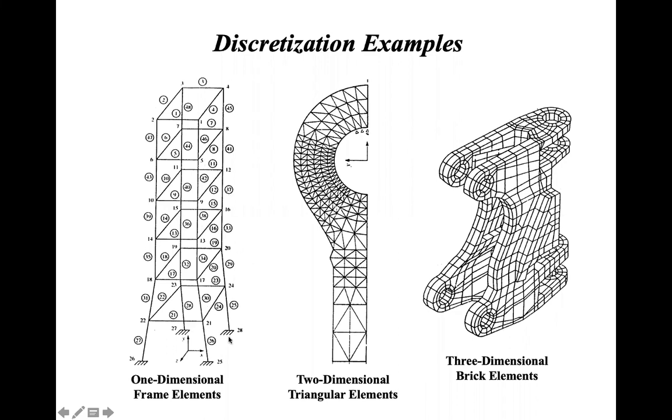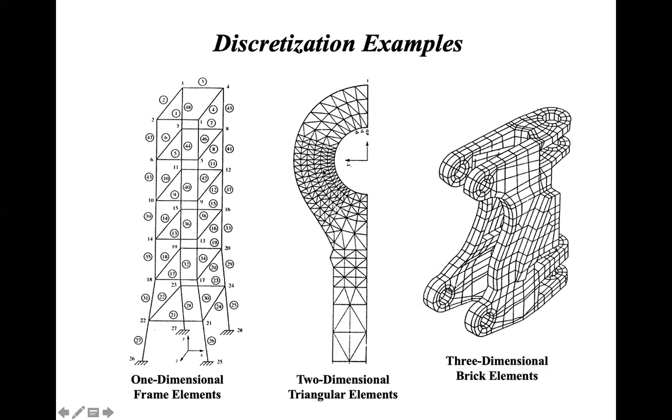In the first example, this is a tower, and in that tower we have replaced each component by a 1D element, like 1, 2, 3, 4. So we have replaced each component by a simple 1D element.